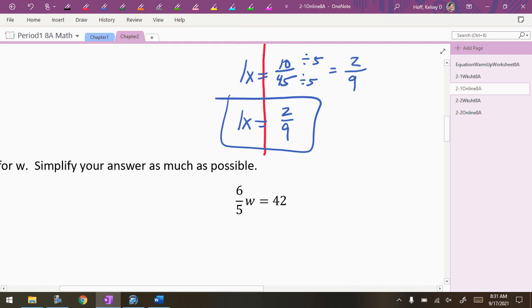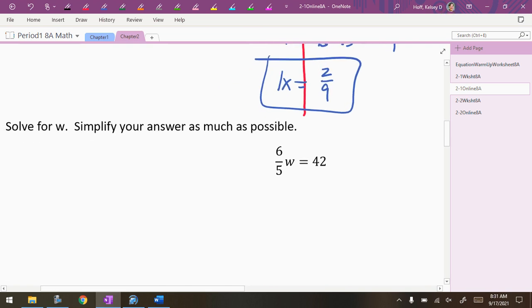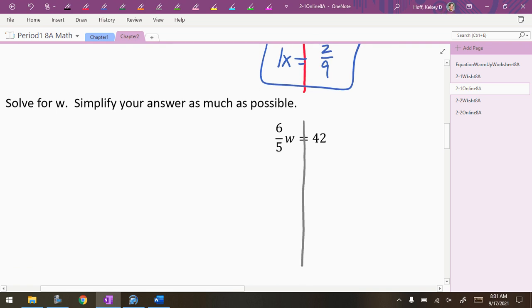All right. Solve for w. Simplify your answer as much as possible. Somebody tell me, what is my coefficient on this problem? And I remind you that a coefficient is the number in front of the variable. 6 over 5.